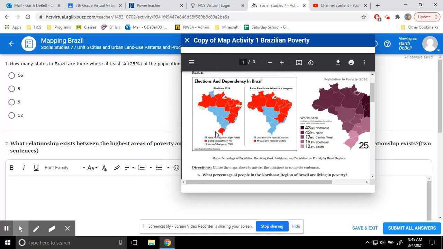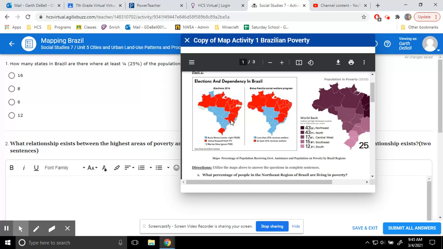This one tells kind of who they voted for on this side, right? And then this shows the welfare program. So in the blue areas, you have less than 25% receive welfare, and in the red areas, 25% or more receive welfare.